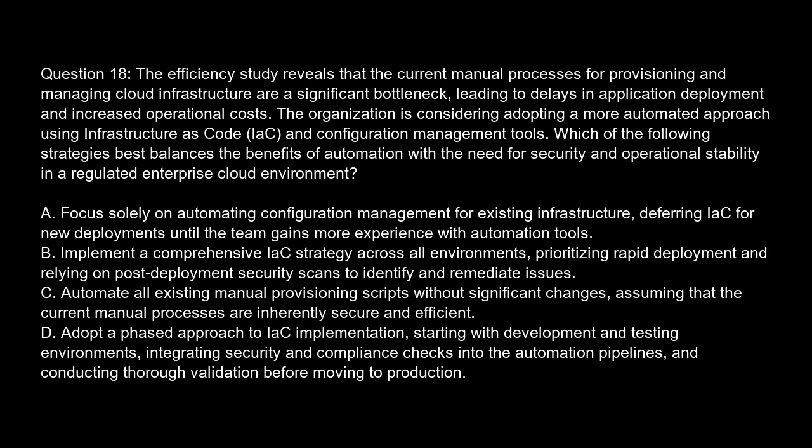Option C. Automate all existing manual provisioning scripts without significant changes, assuming that the current manual processes are inherently secure and efficient. Option D. Adopt a phased approach to IaC implementation, starting with development and testing environments, integrating security and compliance checks into the automation pipelines, and conducting thorough validation before moving to production.